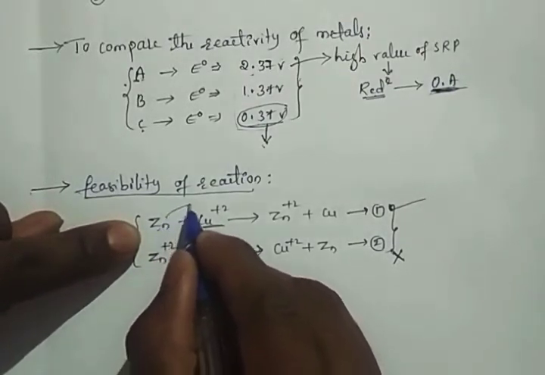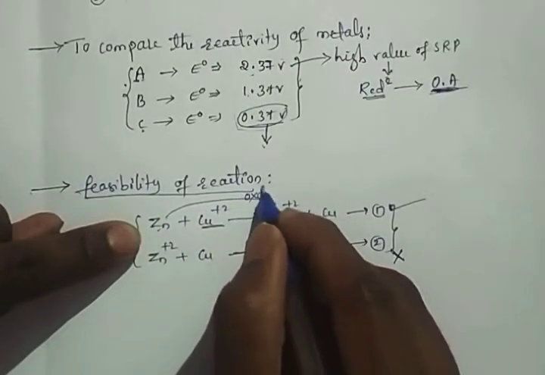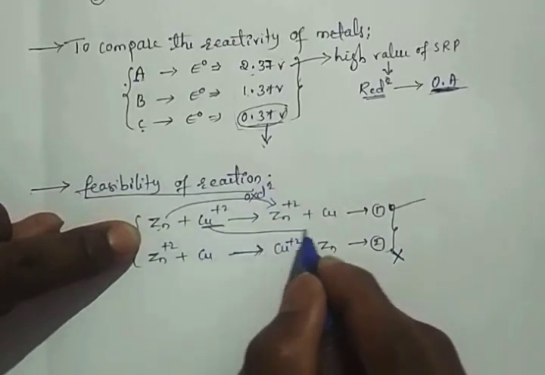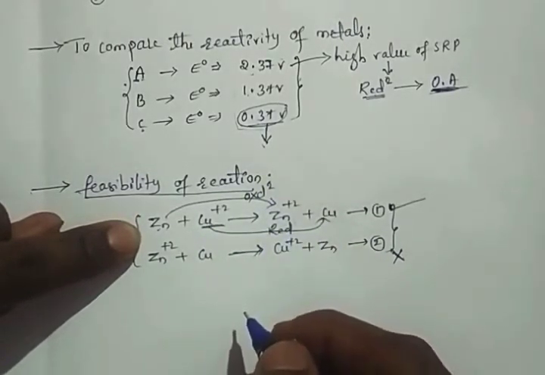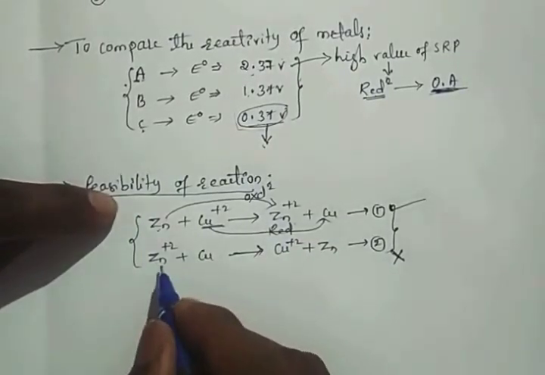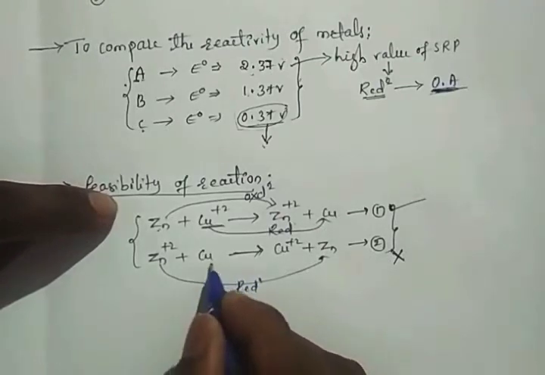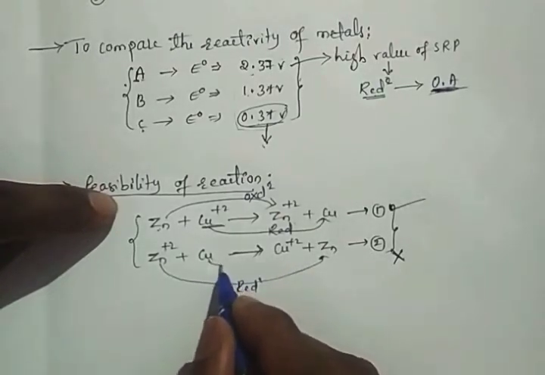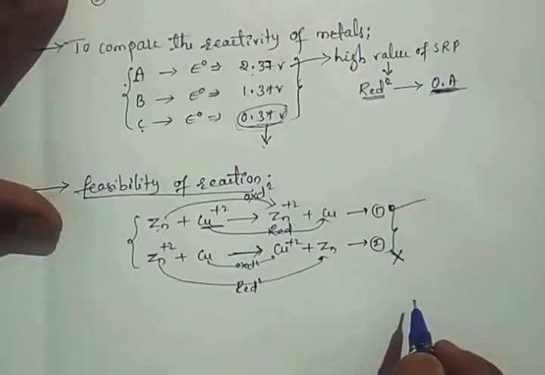So zinc is undergoing oxidation in this case, whereas copper is undergoing reduction. Whereas in the second case, zinc is undergoing reduction and copper is undergoing oxidation.